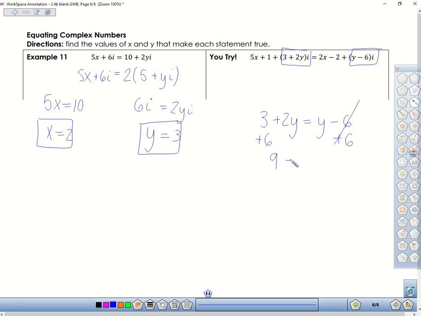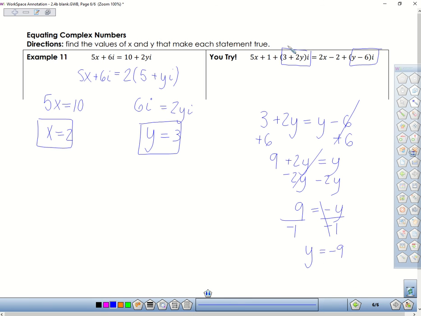That gives me 9 plus 2y equals y. I subtract 2y on both sides, which gives me 9 is equal to negative y. Divide both sides by negative 1, which gives me y is equal to negative 9.